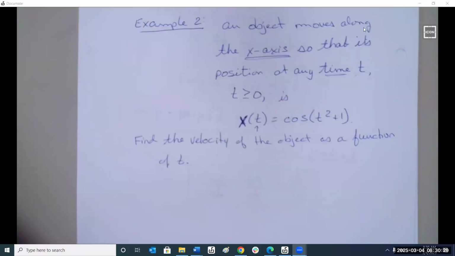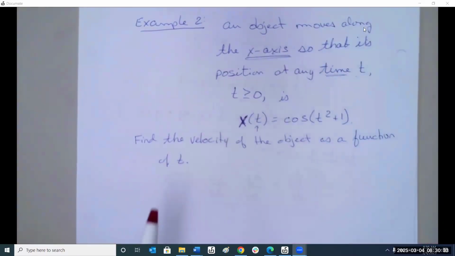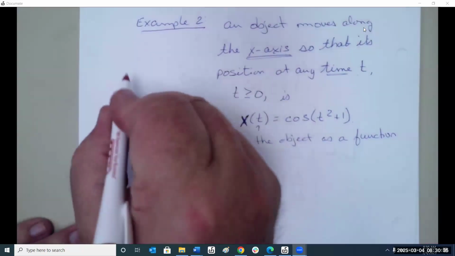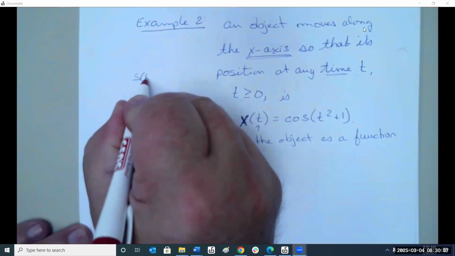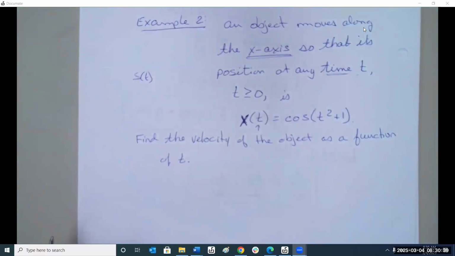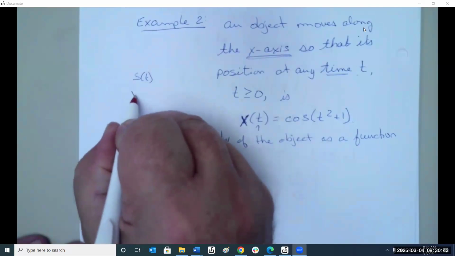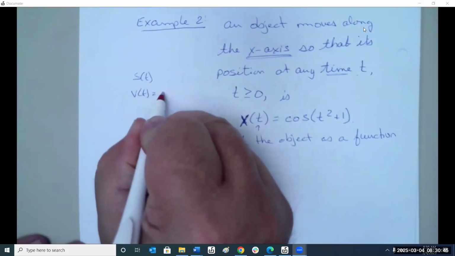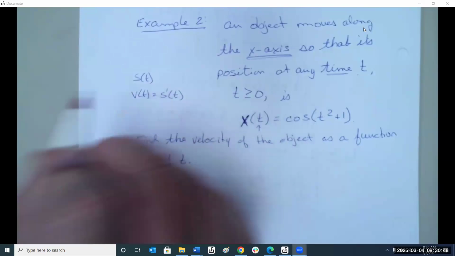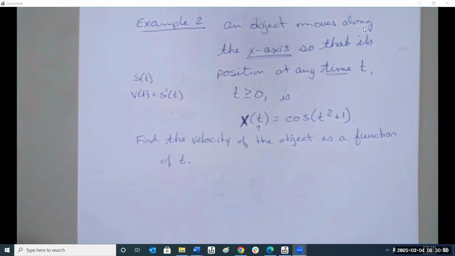Because what's given in the question, an object moves along, is a position function. That is your s of t, your position function. As s moves along, the velocity is the derivative of your position function. That's why you take a derivative of it.